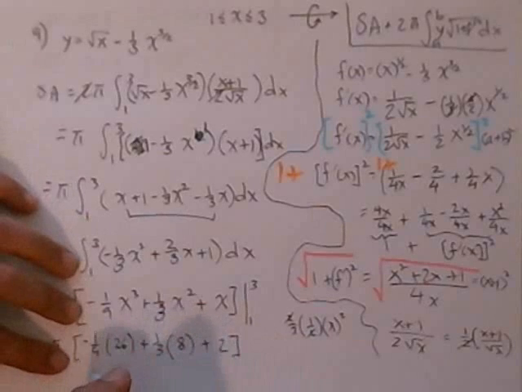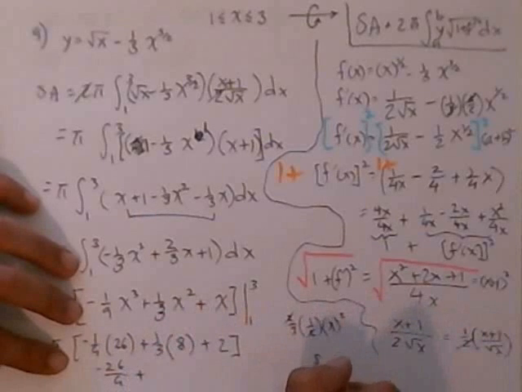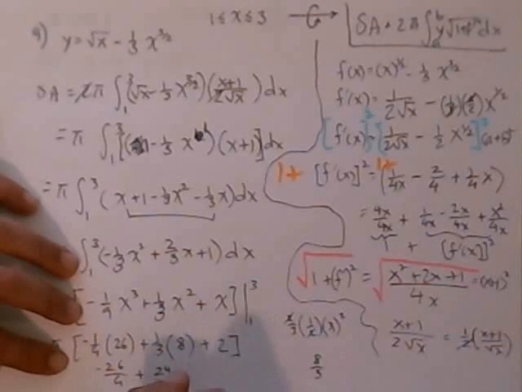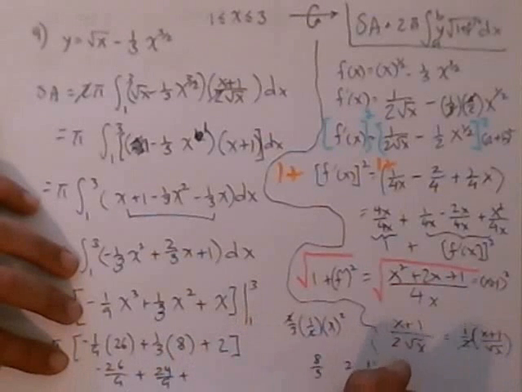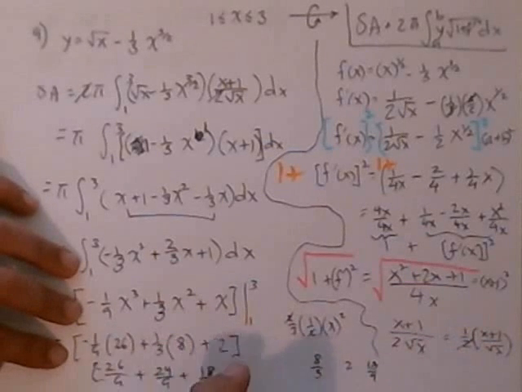That's going to equal negative 26 over 9 plus 8 over 3. 8 over 3, if you multiply by 9, it's going to be 24 over 9, plus 2 is going to be 18 over 9. So 18 over 9 times pi, of course.